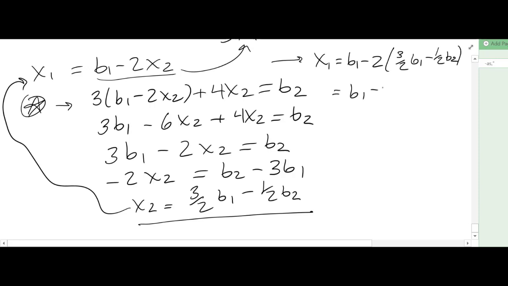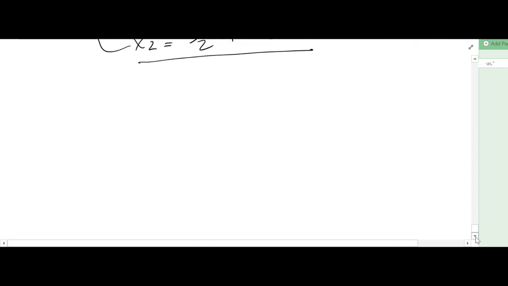If we simplify that, we'll get negative 2b1 plus b2. So that's x1 and x2 in terms of b1 and b2. That's basically the solution. Now if we take that and convert it back into a matrix equation, we'll get the inverse matrix.